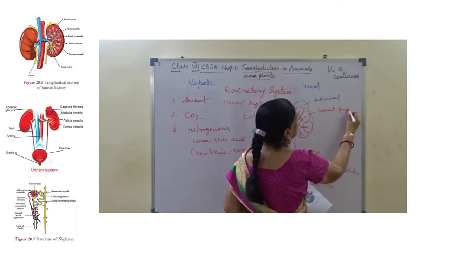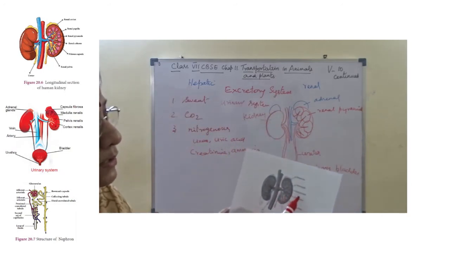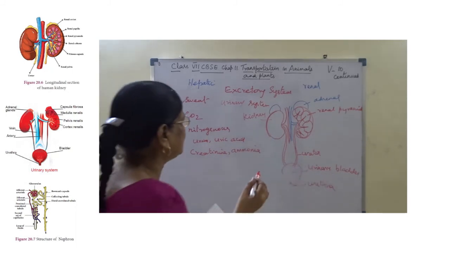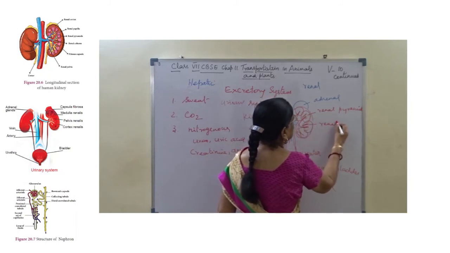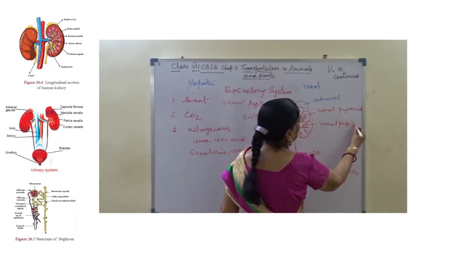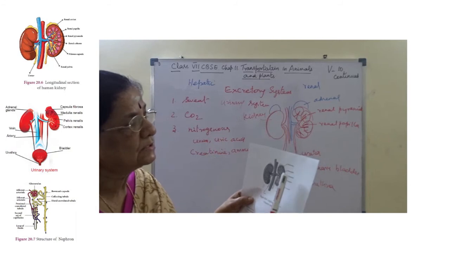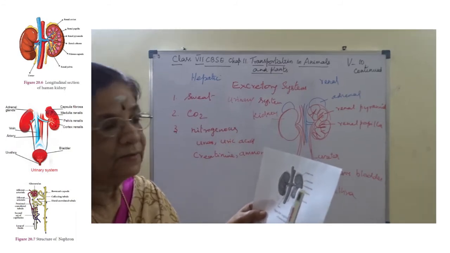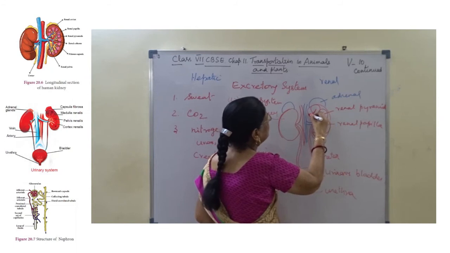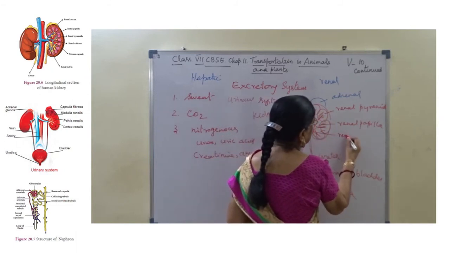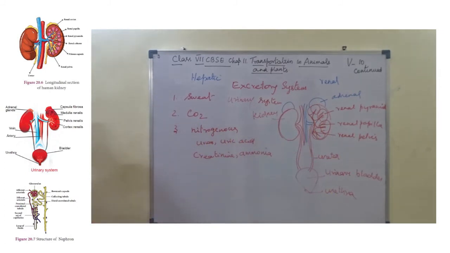Between the renal pyramids are numerous hair-like structures known as renal papillae. The pyramids and renal papillae converge here, and that is known as the renal pelvis region.